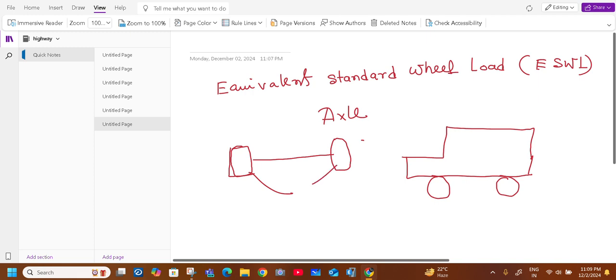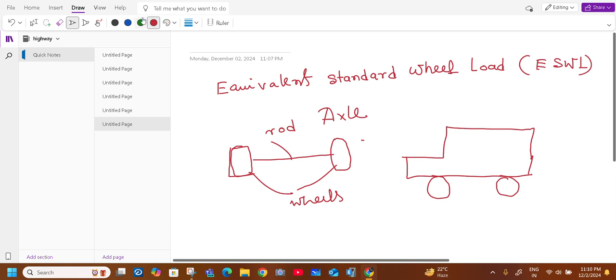This is the wheels, and this is the rod. And the whole system is called axle.